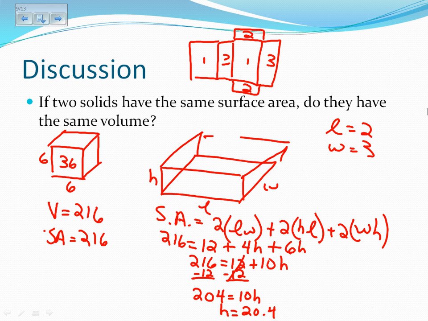The volume is equal to the base times the height. Are we all right with that? So what's my base here? The base is that little rectangle on the bottom, so it's 2 times 3. What's my height? 20.4. What's my volume?